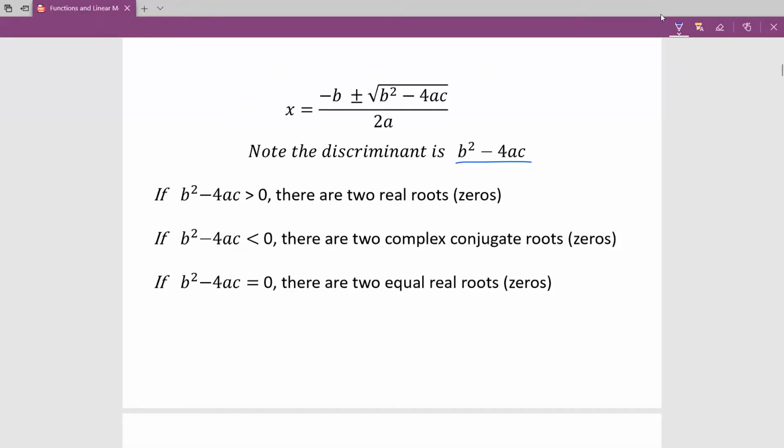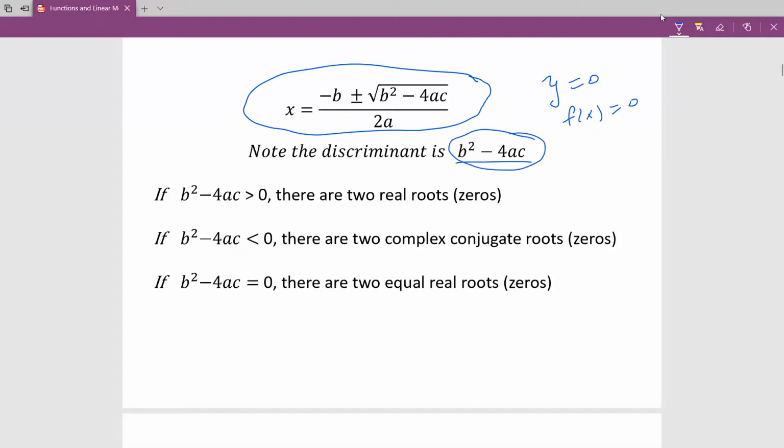Now, the solution to the quadratic equation, that is where y equals 0, f of x equals 0, is given by x equals minus b plus or minus the square root of b squared minus 4ac all over 2a. The b squared minus 4ac under the radical sign is called the discriminant, and it tells us what types of roots we will have.